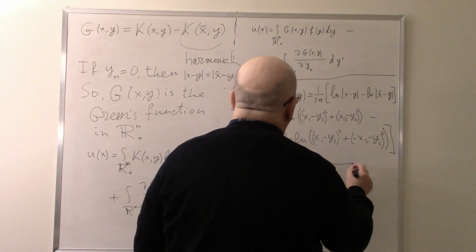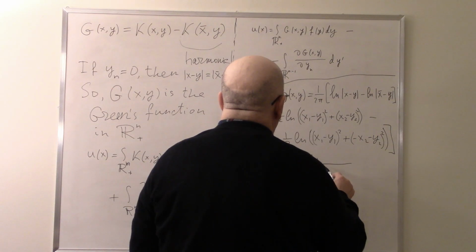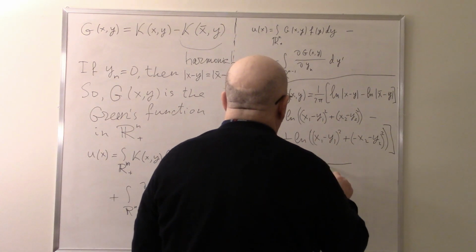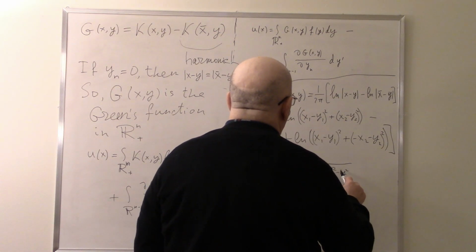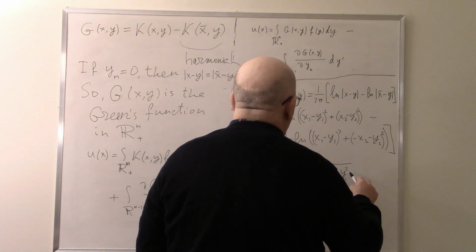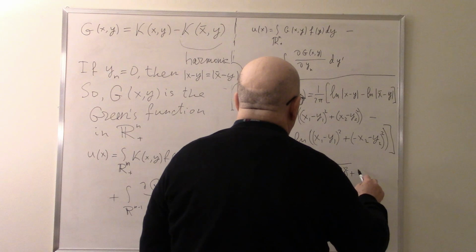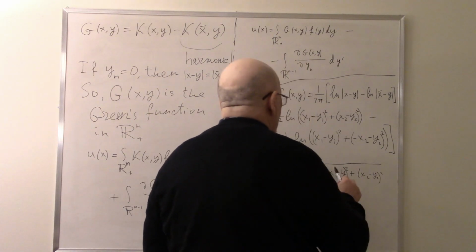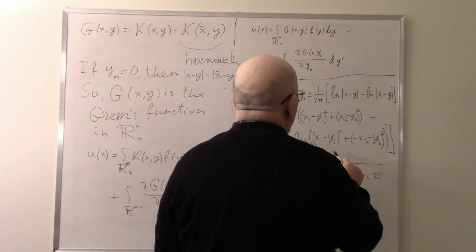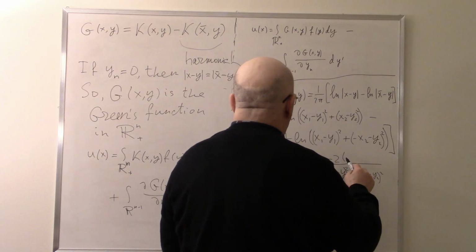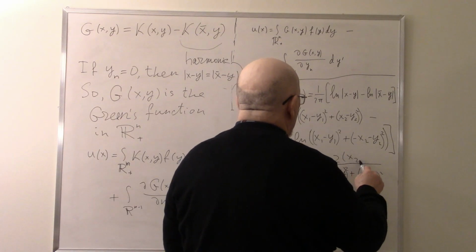Here we have to write 1/2 times 1 over (x1 minus y1) square plus (x2 minus y2) square, times the derivative of this, which is minus 2 times (x2 minus y2).